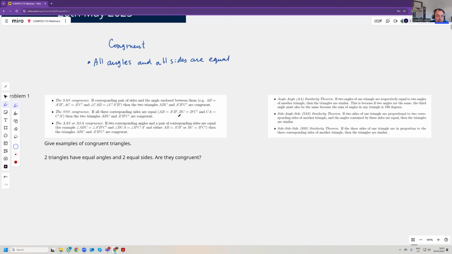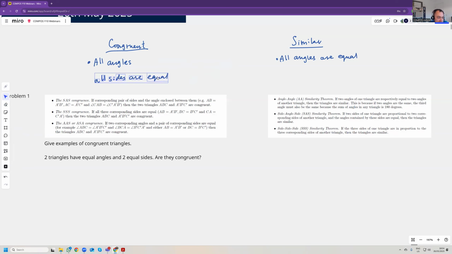And they are similar if it's just the angles, right? All angles are equal. That's the gist of shapes being congruent and shapes being similar.